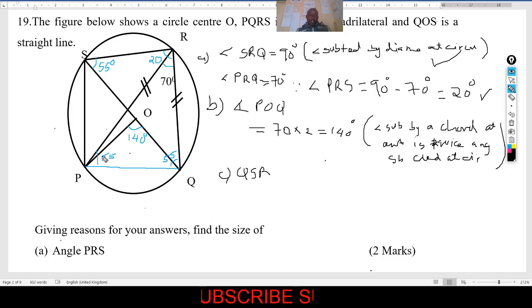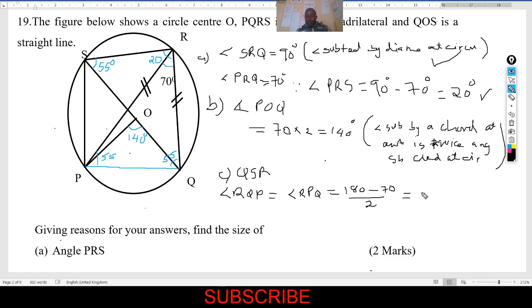So angle RQP equals angle RPQ, which is equal to 180 minus 70, all over 2.